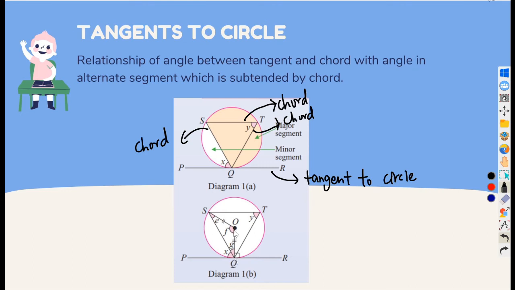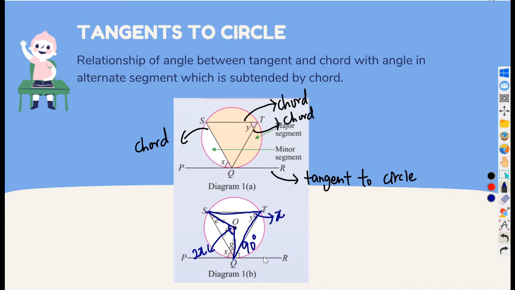We know that when a radius meets the tangent to the circle, the angle here will be 90 degrees. This also relates to what we learned before, the rocket shape, where the angle at the center is twice the angle at the circumference.